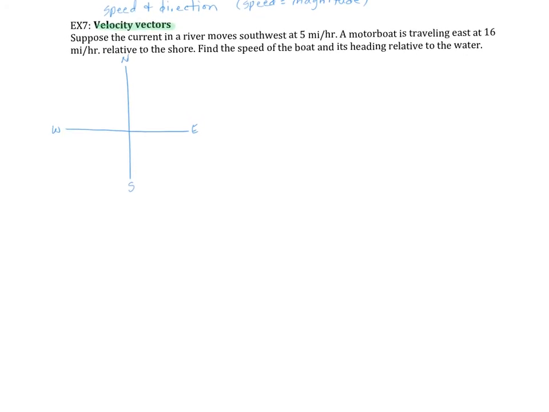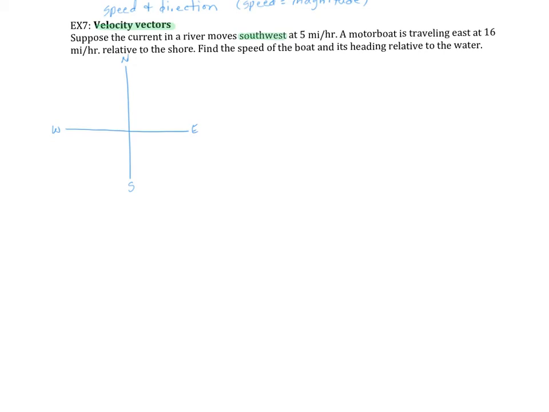So we have the current in a river that's moving southwest at 5 miles per hour. When we talk about southwest, southeast, northwest, northeast, that means the halfway point between south and west.